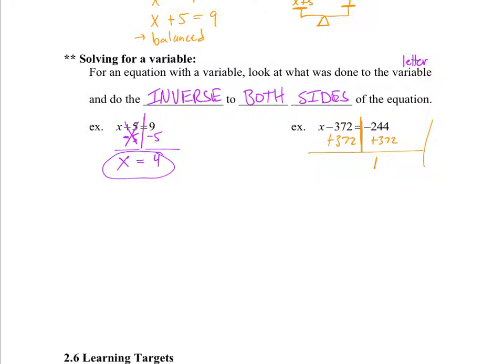How do you type the negative? Great question. Underneath the 3 on your calculator, there's parentheses with a little negative sign. You'd hit that first, and that puts a little negative sign, and then you'd put 244, negative 244 plus 372.